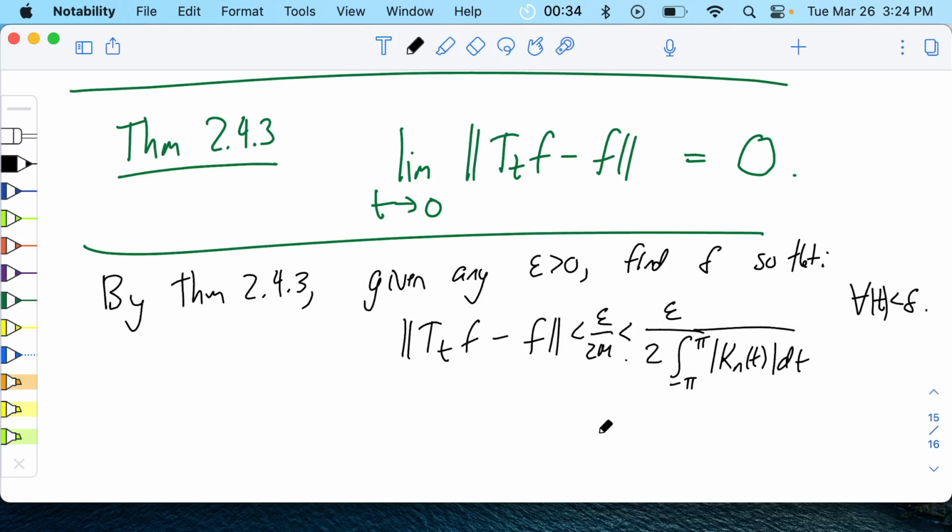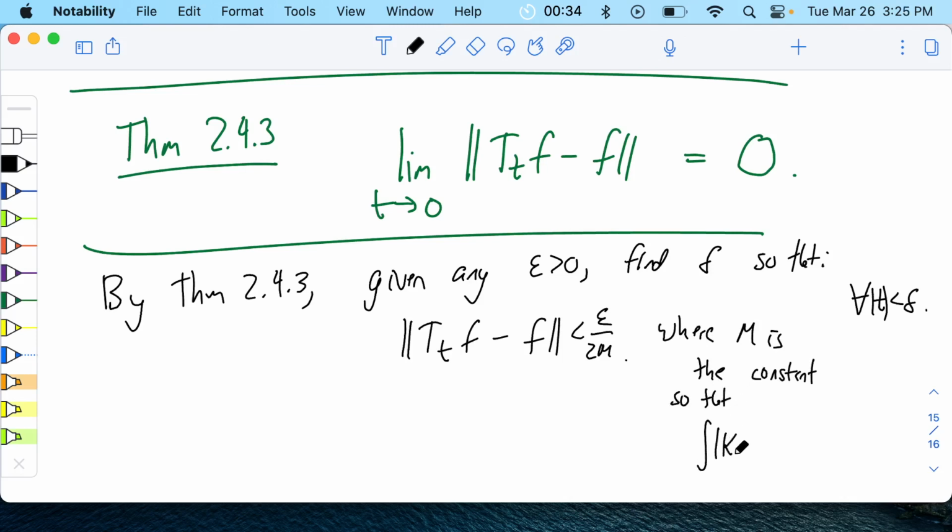The n would be a problem, except, okay, let me do it in 2 steps. I basically wanted to do 2 things at once. Let's do this. You're pointing out a good point, let's be clear. Where m is the constant so that the integral of the absolute value of kn of t dt is less than or equal to m.